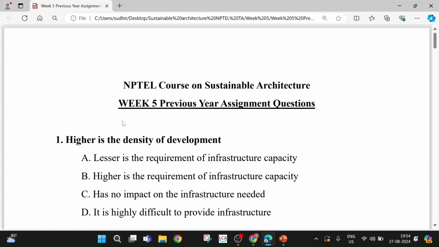Higher is the density of development. All of you give your answers.